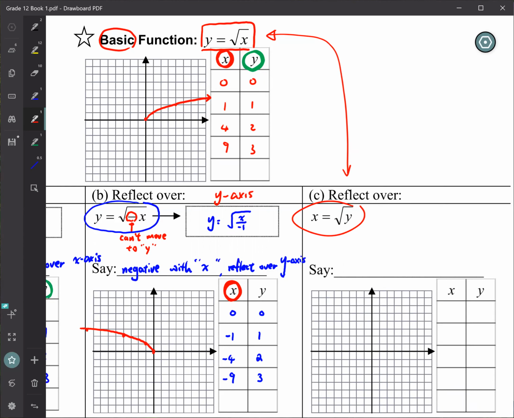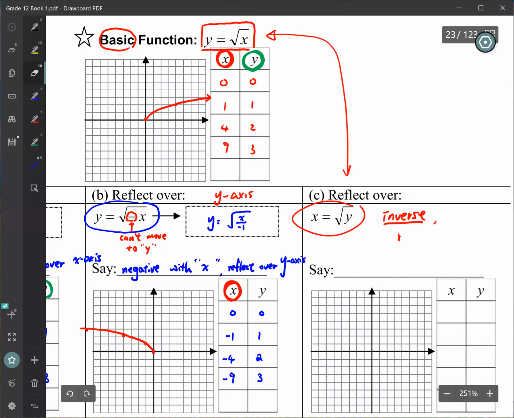Y equals x. Yeah, very good. Y equals x is the diagonal line. So this one is inverse. If you ever see an inverse function coming from the original, it's an inverse reflect.